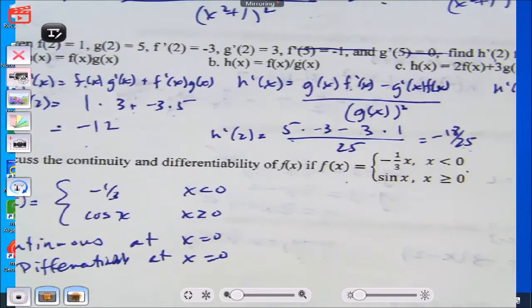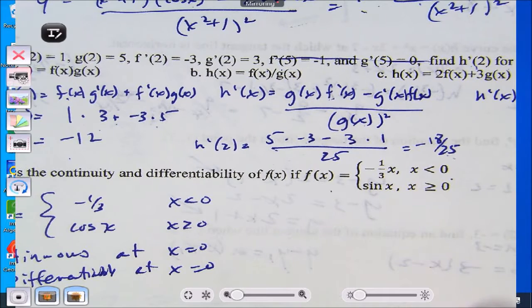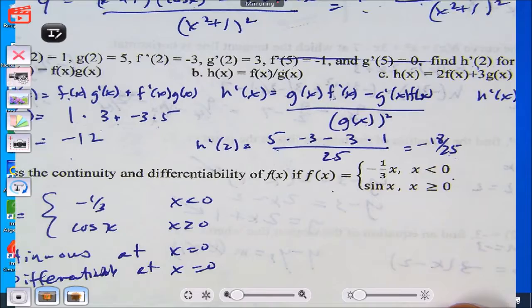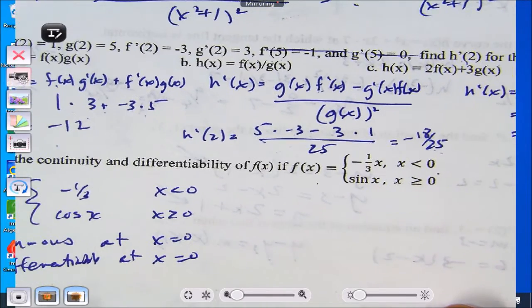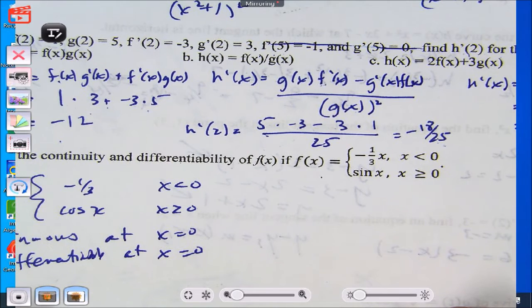I'd rather have the table. Well, the graph didn't give me the derivatives of the functions. But since the graph was just a line, the derivative would just be the slope.